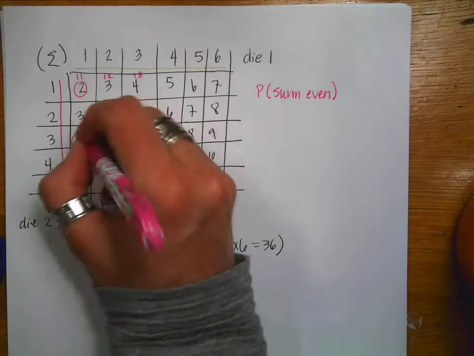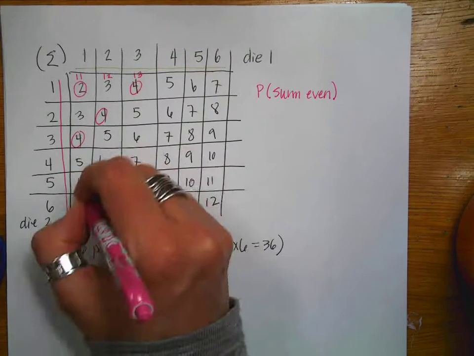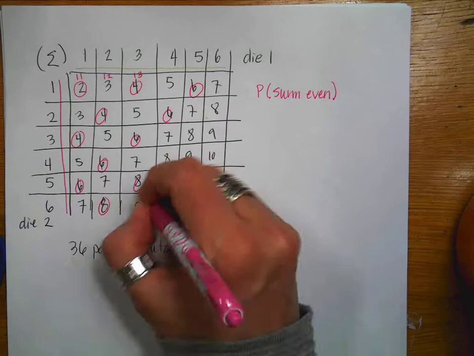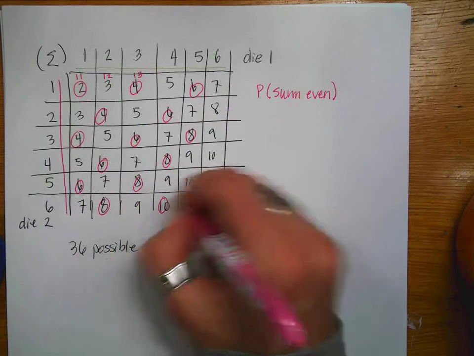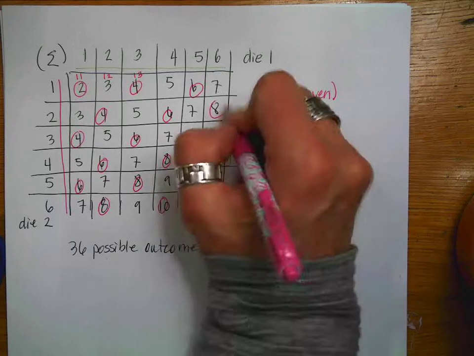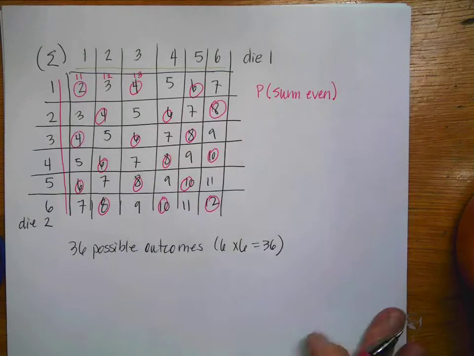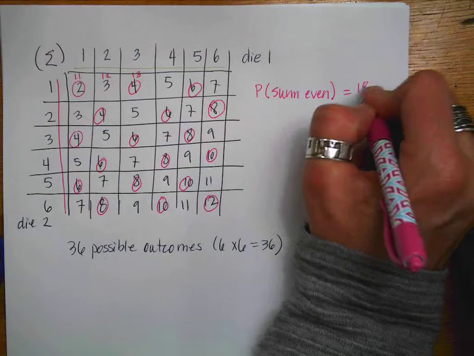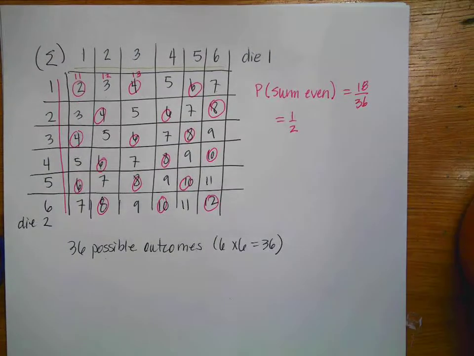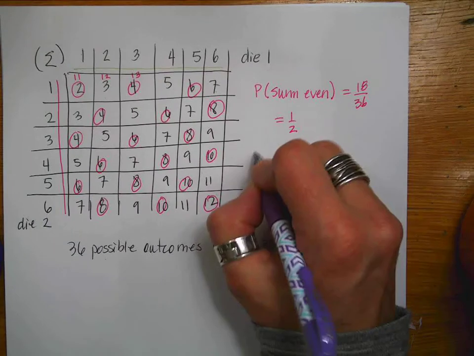So I would have 1, 2, 3, 4, 5, 6, 7, 8, 9, 10, 11, 12, 13, 14, 15, 16, 17, oops, there's one I missed, 18. So the probability is 18 out of 36, which is going to be a half.